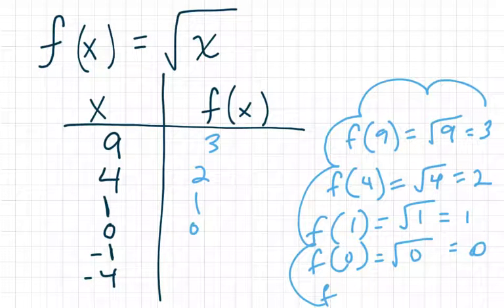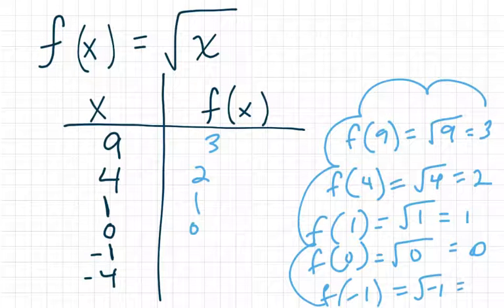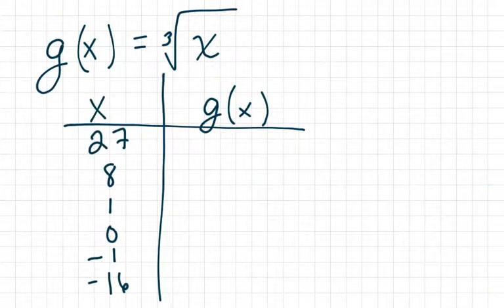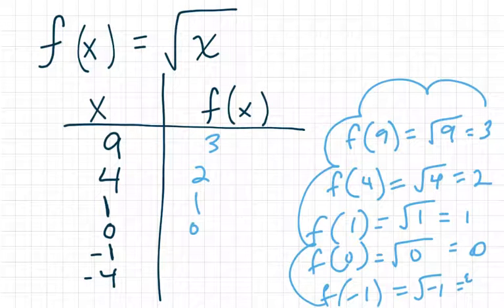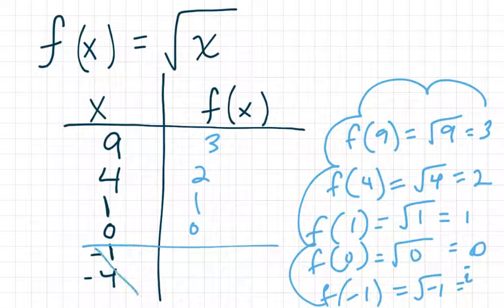And then f of negative 1 is the square root of negative 1. That is actually an imaginary number, so we call that i. It does not live in the real number system, so in this case we're going to cut it out and say that these give us imaginary answers.